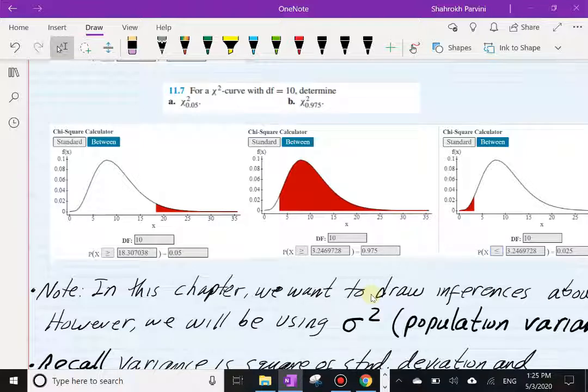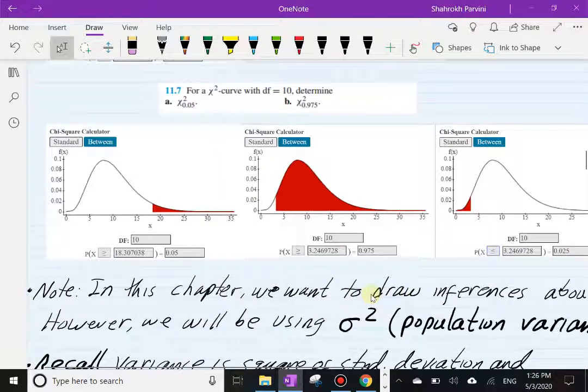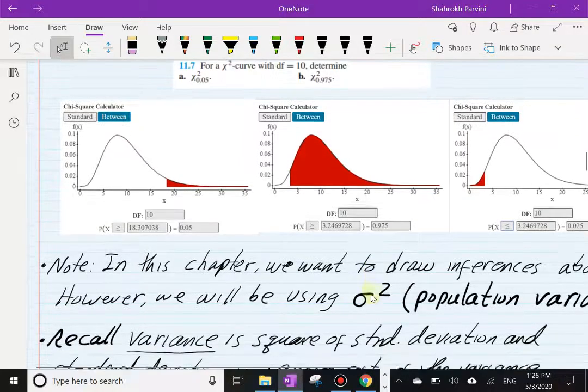We need to find the probability distribution of the point estimator of sigma. And you will see in a moment, the trouble is when we try to find the probability distribution of a sample standard deviation, which becomes the point estimate of population standard deviation, that sampling distribution does not have a closed form. Its distribution is unknown.